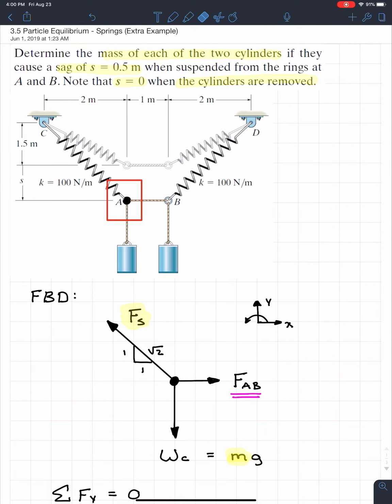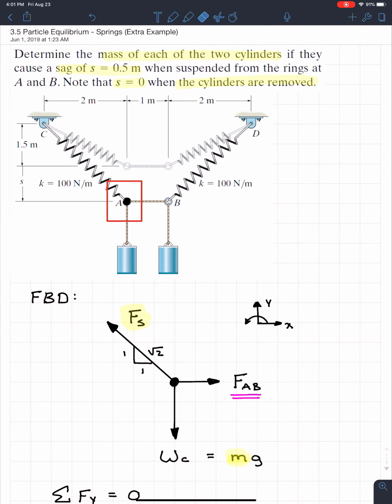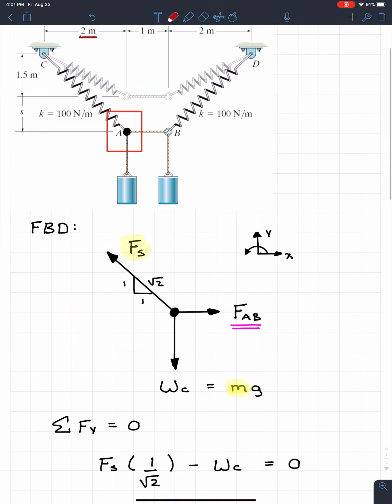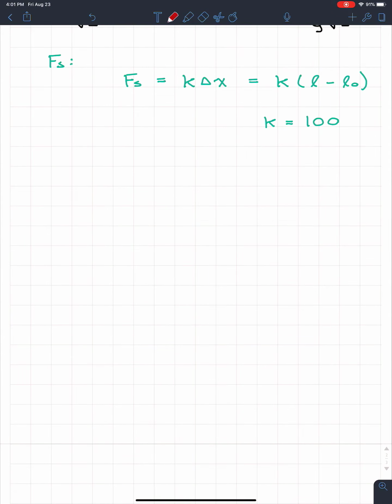So what we have is basically 2 triangles. We know that the horizontal length of the spring does not change. It's going to be 2 meters the whole time, stretched or unstretched. So I'm going to draw 2 meters. This right here is where that point is, and this is going to be 2 meters.